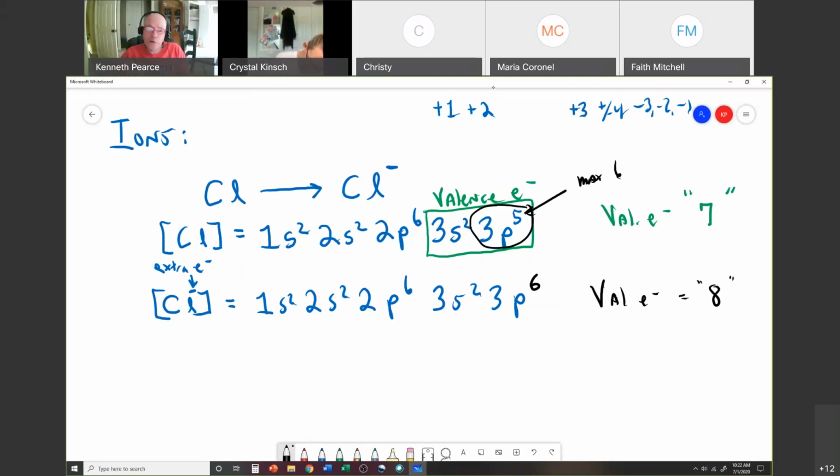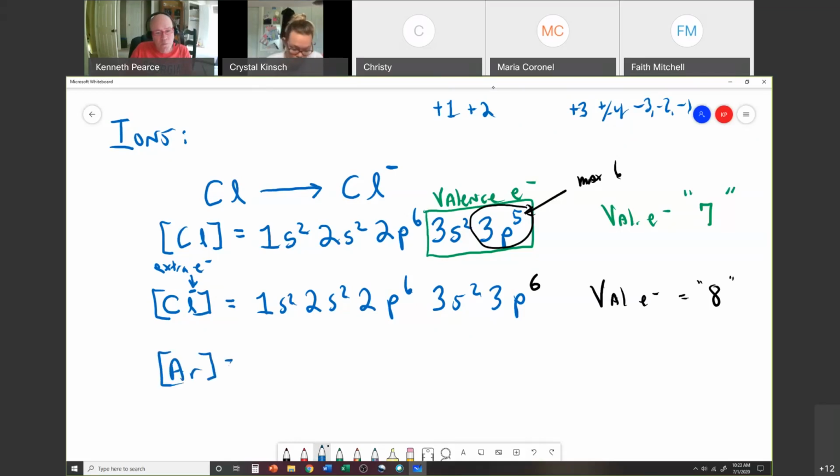Now, what has 8 valence electrons? Well, those would be your noble gases, except for helium. Remember what I said, the octet rule is to get a full shell. Well, helium only has 2 valence electrons, so it doesn't have 8. But let me prove that to you. Let's go ahead and draw out argon, which would be the next one over from chlorine.